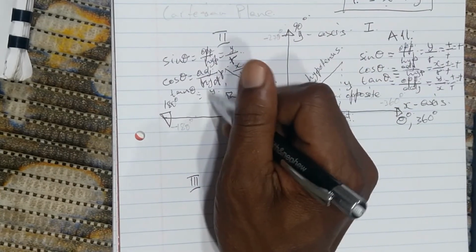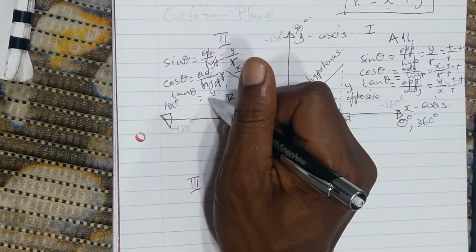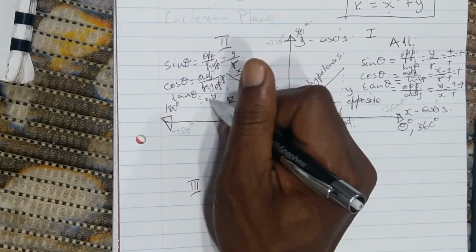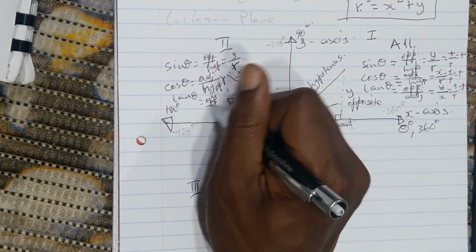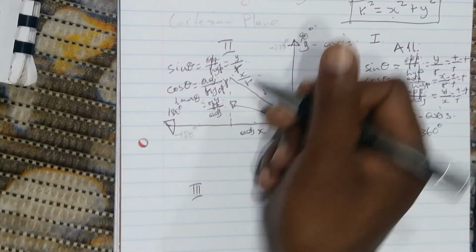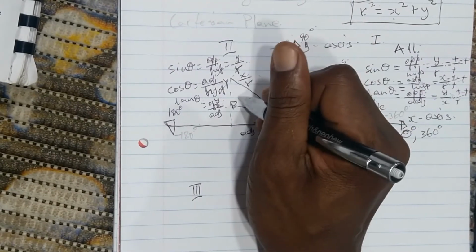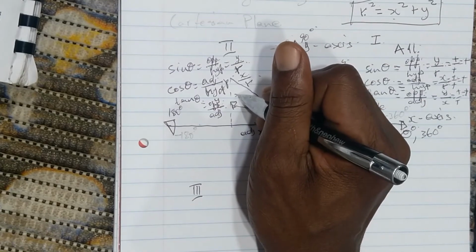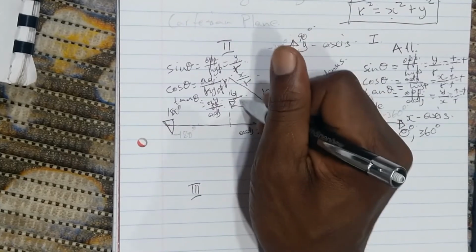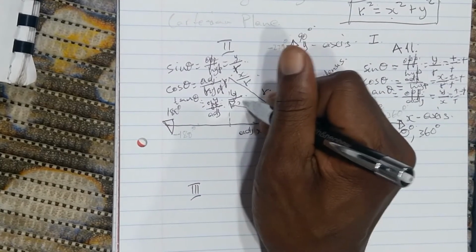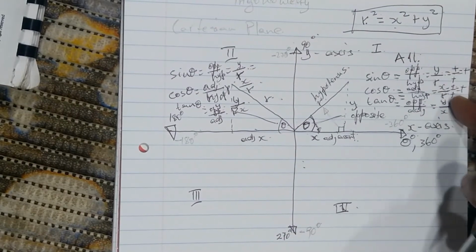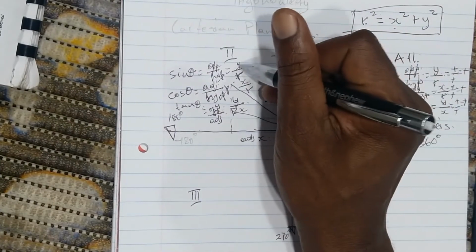So tan is opposite over adjacent, which is y over x. Now we need to do the same thing that we did before to see how these things sit here.